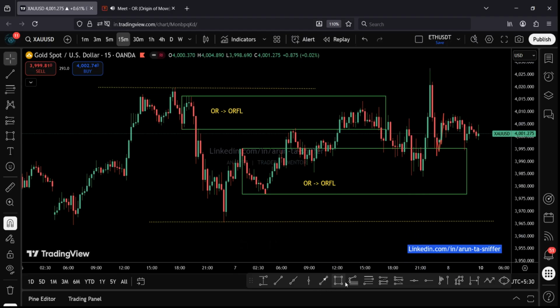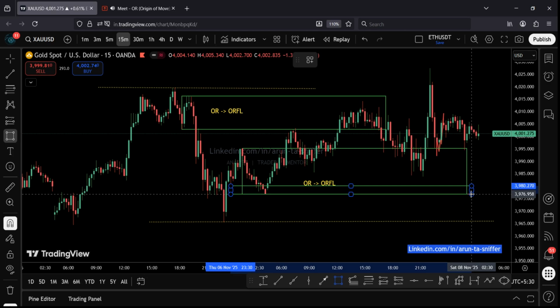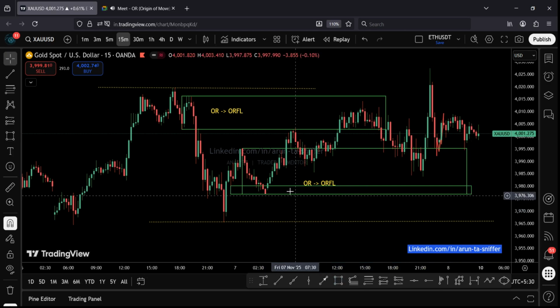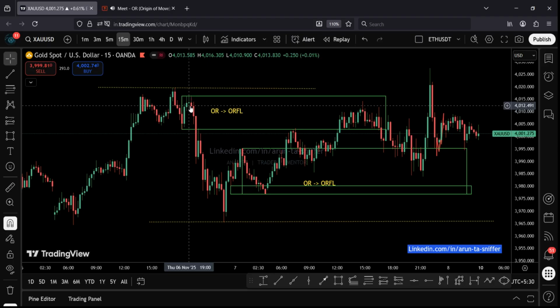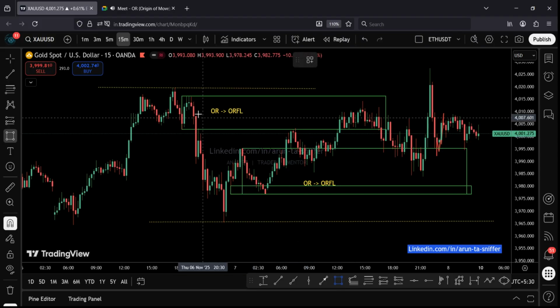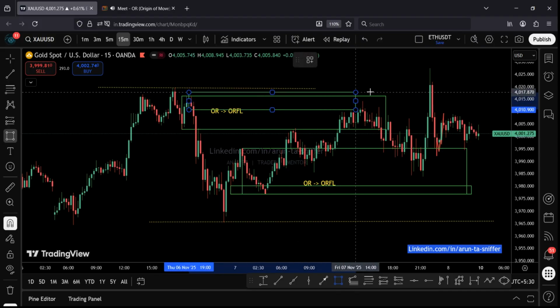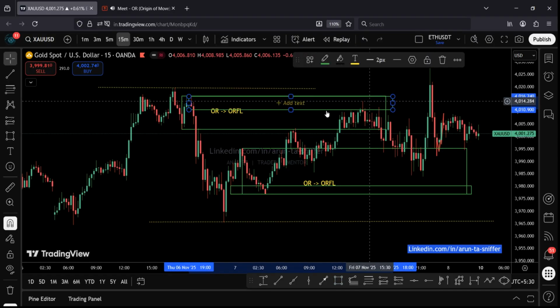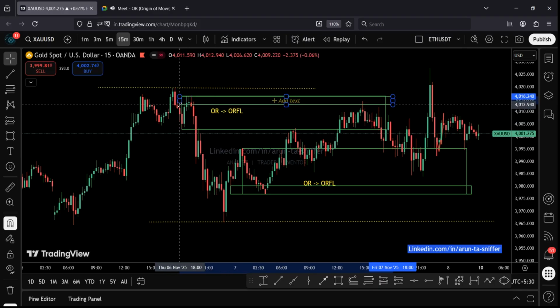If you look at this, the MPL is still intact here. The MPL is not taken out yet, but if you look at here, the MPL has been taken out.